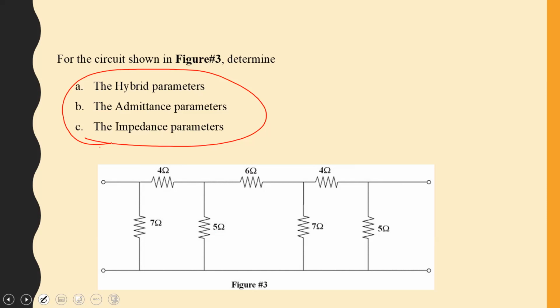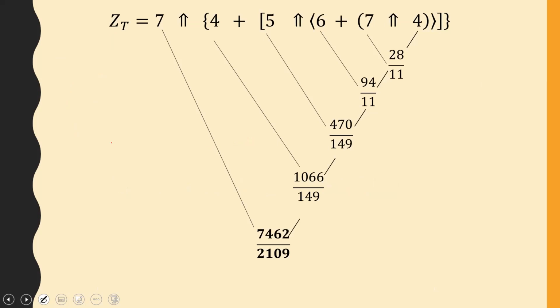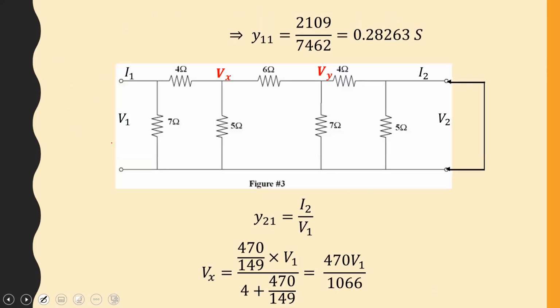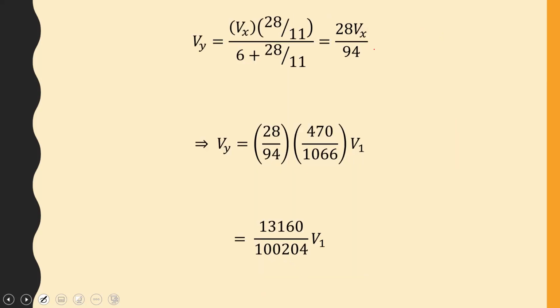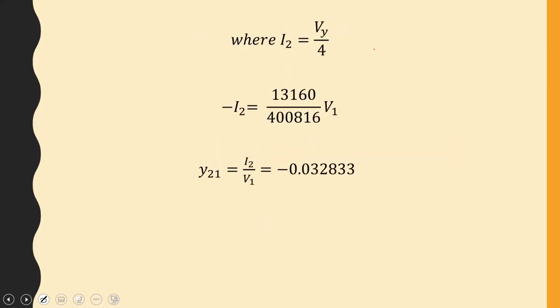All right, so here is what I want you to do. Here are the values, so write this down. Y11, 0.28263. You write that? Yes. All right. So Y11 is that. Y21 is 0.032833.